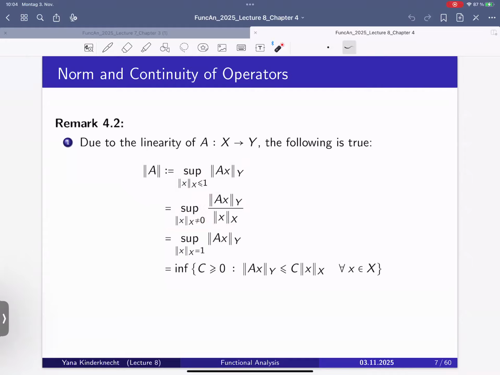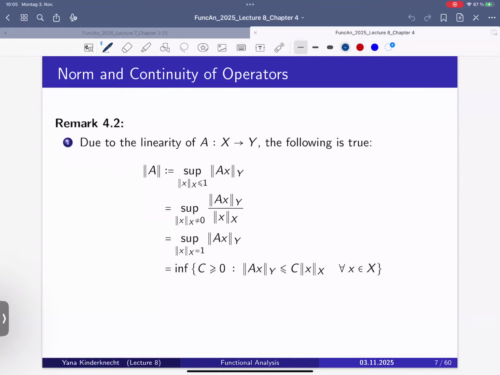And it is also the same as the supremum over the unit sphere of such guys. So compare this supremum and this supremum. And it is also the same as the infimum over all constants C, non-negative, such that we have such an inequality for all x in X. So let us discuss all these things a little bit in more detail.